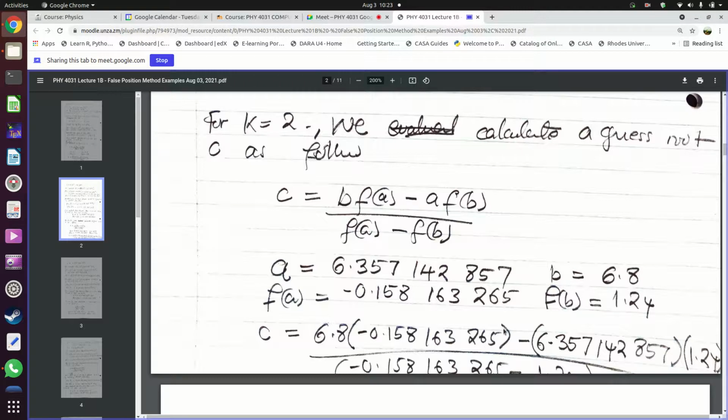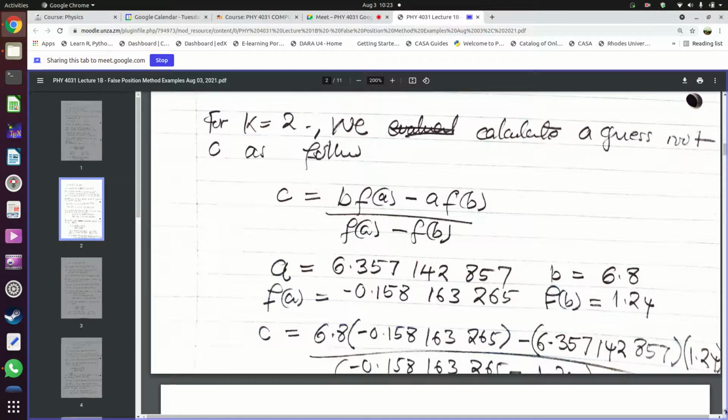You put it there, then minus your A, which is what you have here, 6.357142857, times f(B), which is 1.24. Then the value of the function at A, which is minus 0.158163265, minus 1.24, which is your f(B).